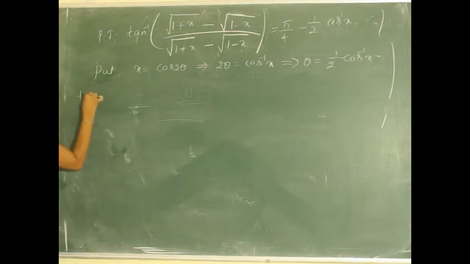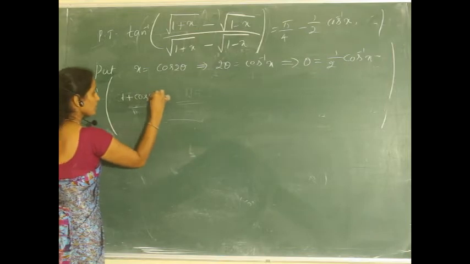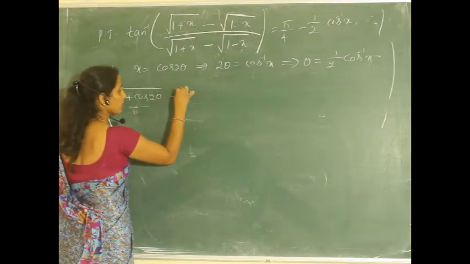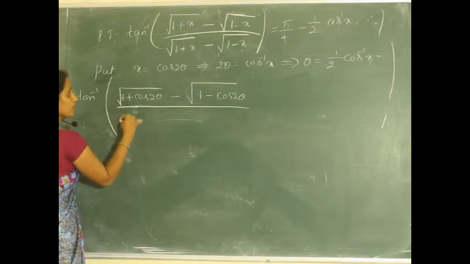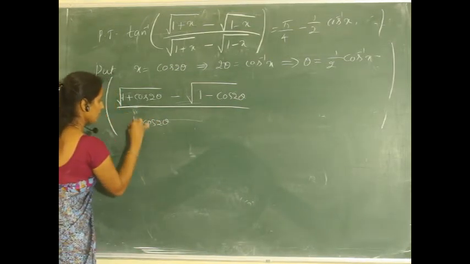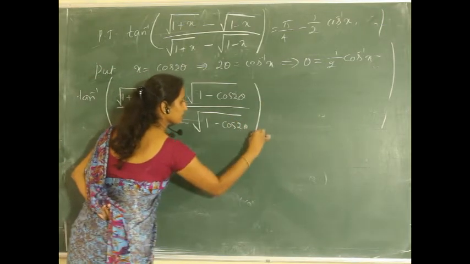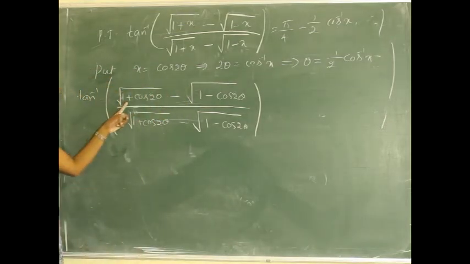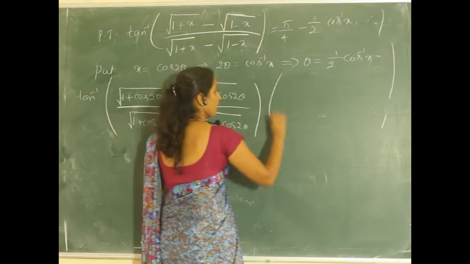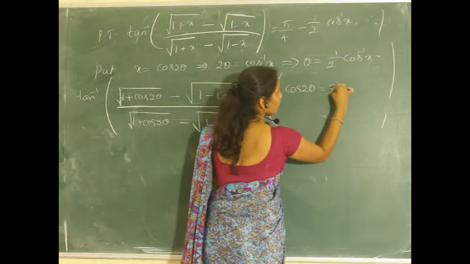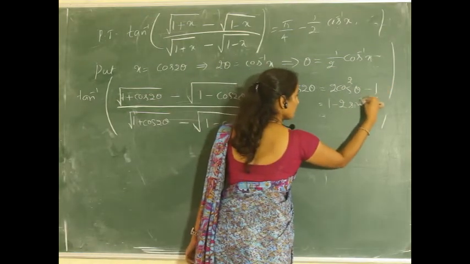Now I will substitute that in the given problem. So tan inverse of square root of 1 plus cos 2 theta minus square root of 1 minus cos 2 theta, divided by square root of 1 plus cos 2 theta plus square root of 1 minus cos 2 theta. Here we can use the cos 2 theta formulas: cos 2 theta is 2 cos square theta minus 1, and one more is 1 minus 2 sin square theta.